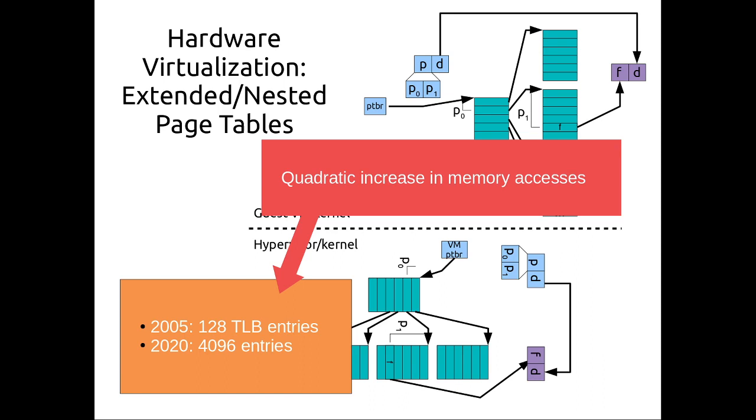And now we're in 2020 when we have 4096 entries in our TLB, simply because missing the TLB becomes immensely expensive, so we want to make sure it's as large as it can be to hold the entire working set of your applications. Now, this wasn't the only reason that we expanded TLBs. Also, working sets, the amount of memory accessed within a short amount of time by applications, increased significantly. But this was one reason.